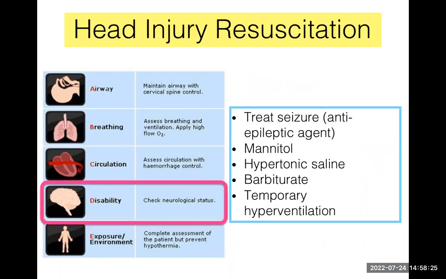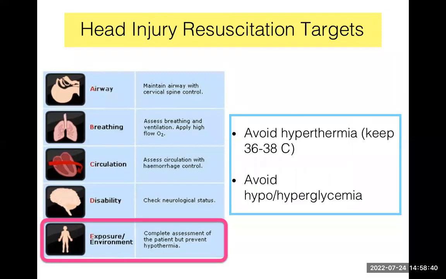In disability, we must treat seizures with anti-epileptic agents, and if indicated, give mannitol or hypertonic saline with barbiturate and temporary hyperventilation if they fulfill the indication. Keep temperature below 38 degrees and avoid hypo- or hyperglycemia, which are metabolic imbalances.